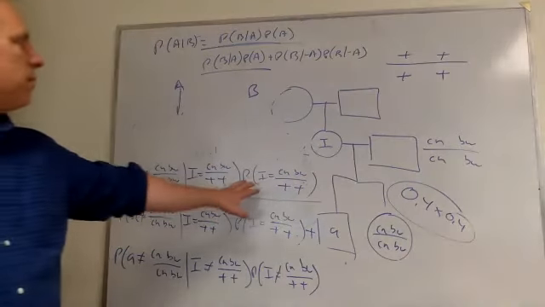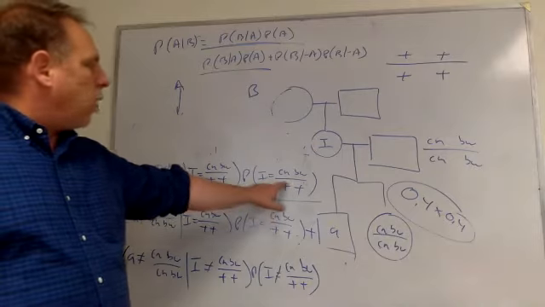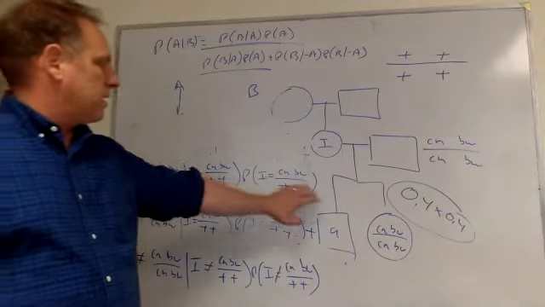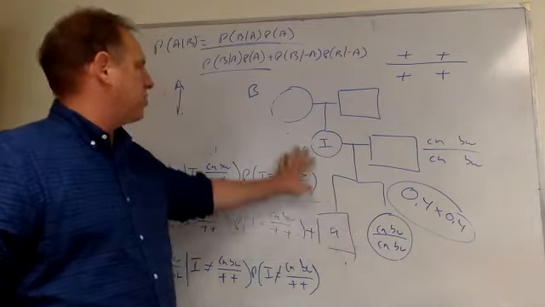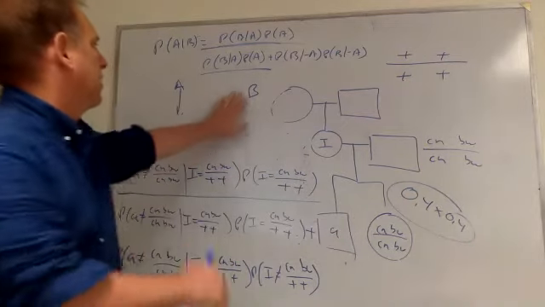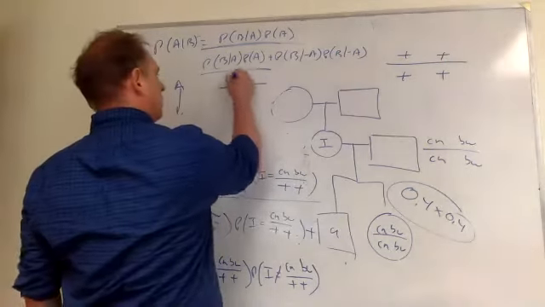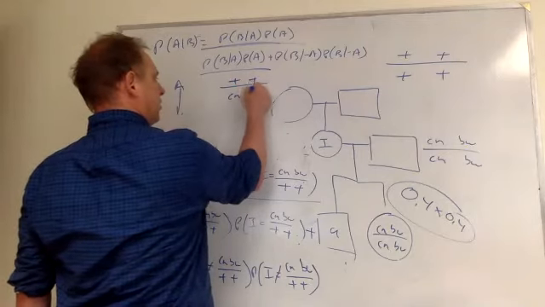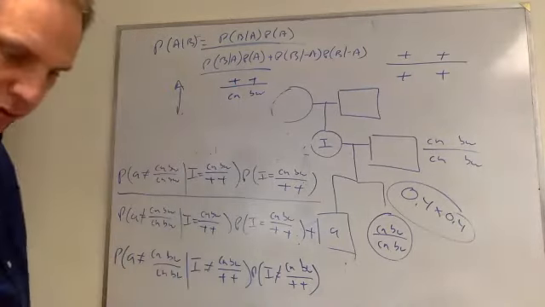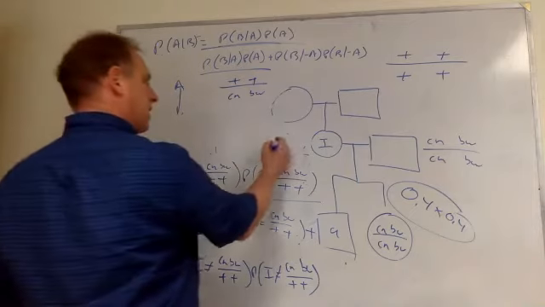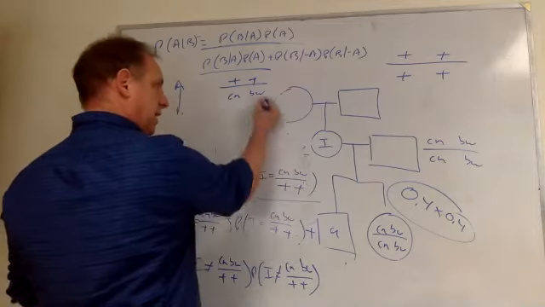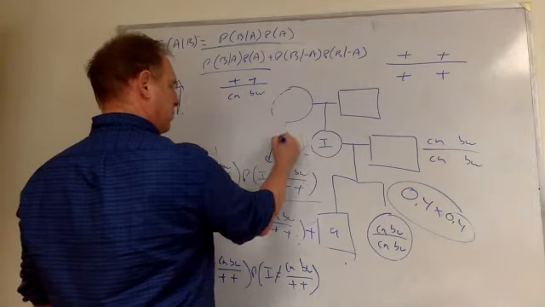This here, what's the probability that this individual in fact was Cinnabar Brown over plus plus? That's just the prior without any information. And we've already calculated that, because this individual here was that genotype. So we said that the chance that I would then be of that genotype would be 0.4.